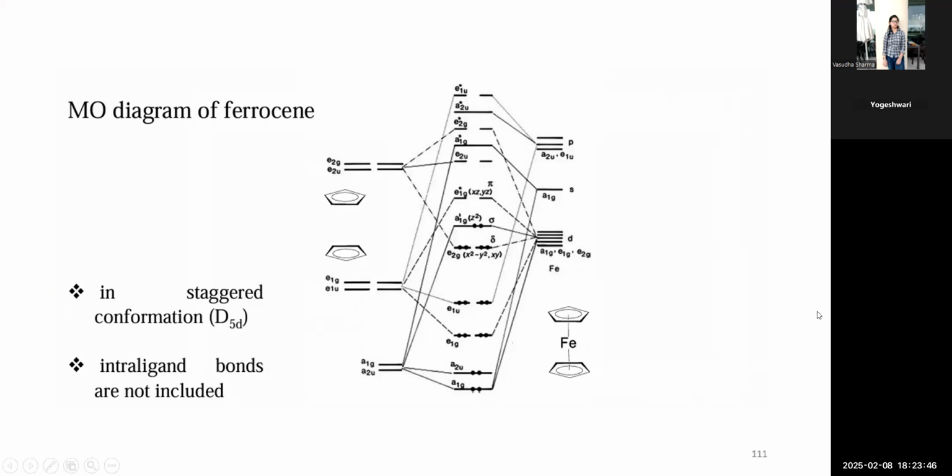Okay, so this is the kind of MO diagram that we see, where you can see we have already talked about the ligand having A1G. A2U we didn't talk about because it remains not participating in that one. Then E1G we saw and E2U we saw.